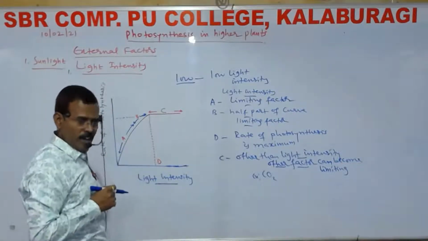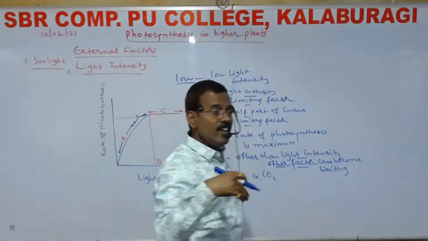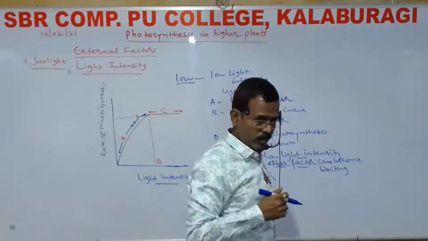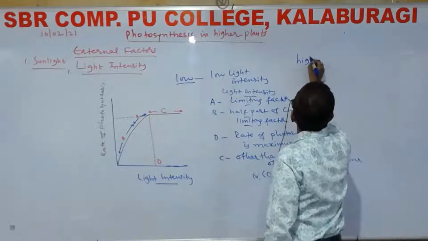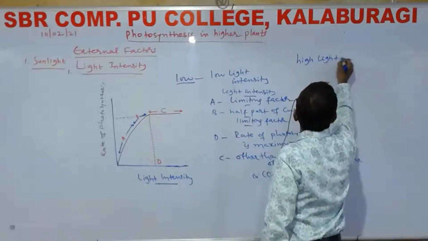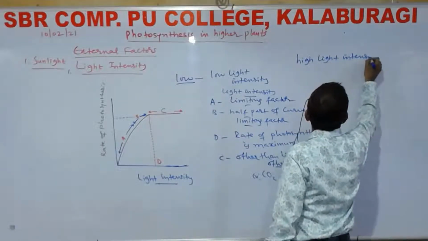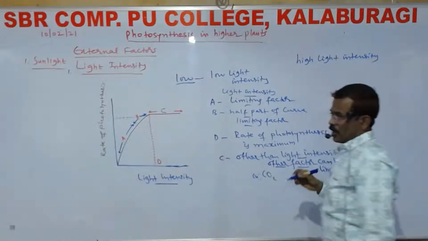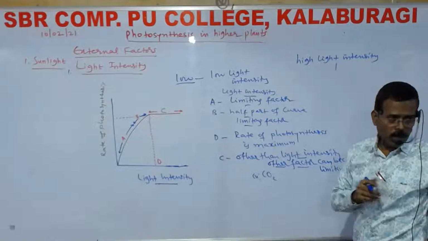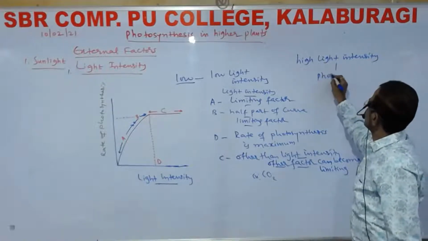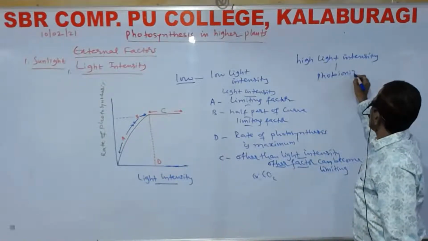As I mentioned yesterday, high light intensity leads to photo-oxidation of the chlorophyll molecule, photo-ionization.